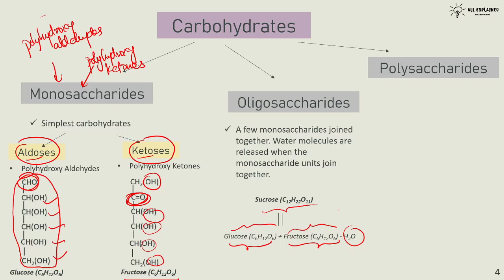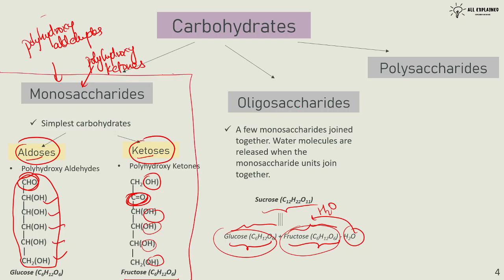So you see these are oligosaccharides. If you add water, then these molecules can be generated. If you add H2O to sucrose and it undergoes hydrolysis, it can produce an aldose and a ketose, basically monosaccharides. So monosaccharides are the most important class of carbohydrates. If you understand their structures, then you can make up oligosaccharides and polysaccharides.